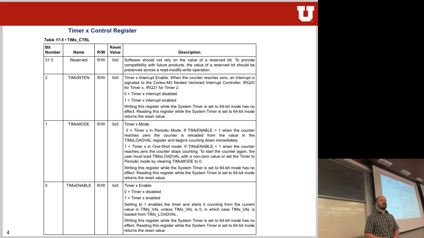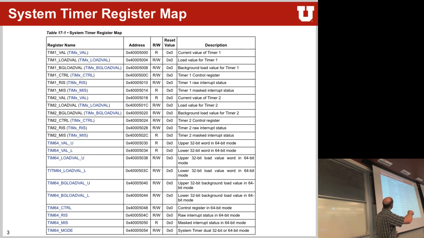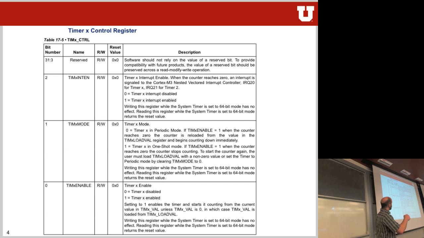Perfect. That's what we need to write in order to enable the interrupt from our timer. What we have to do is write 1 into this bit of this register, which sits at this location. That will enable the interrupt. Or if you want to disable it, you write a 0 in there.